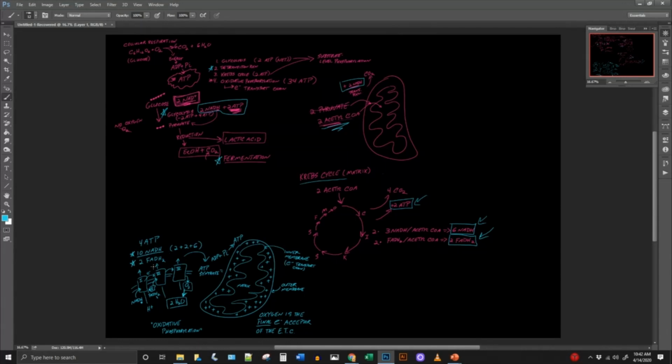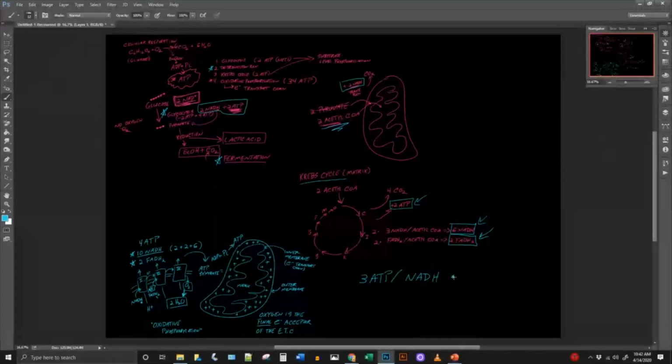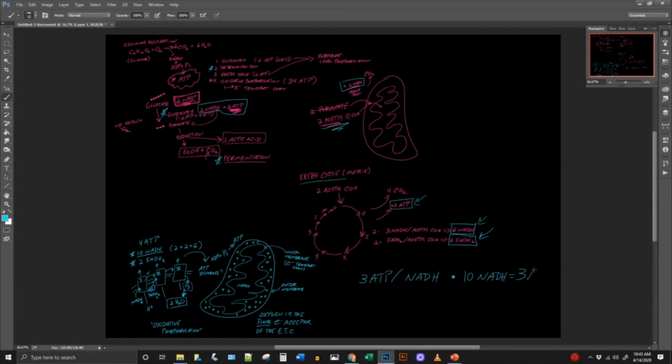So we had 10 NADH and 2 FADH2. You get 3 ATP per NADH. And we had 10 NADH. If you multiply that out, you'll find units cancel and you end up with 30 ATP.